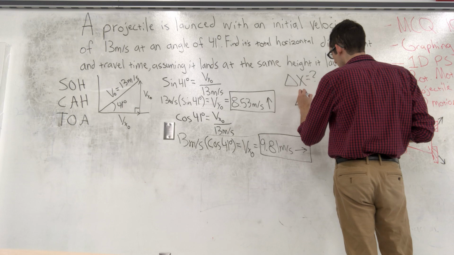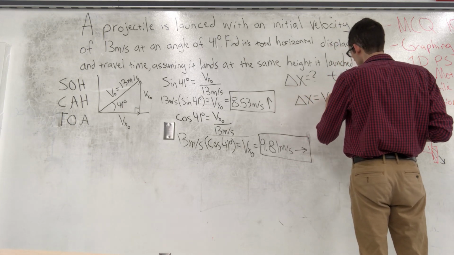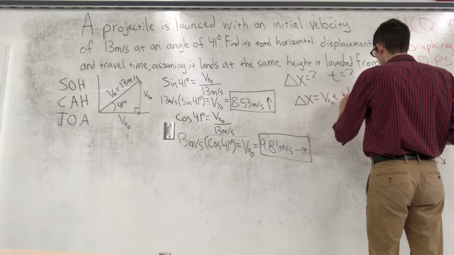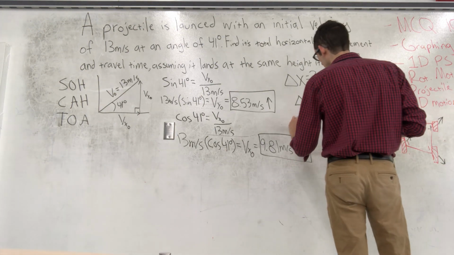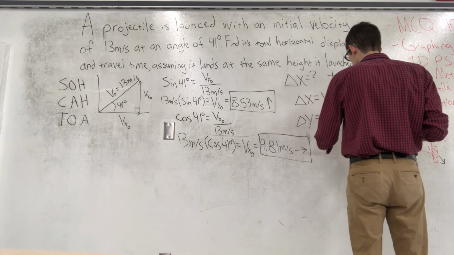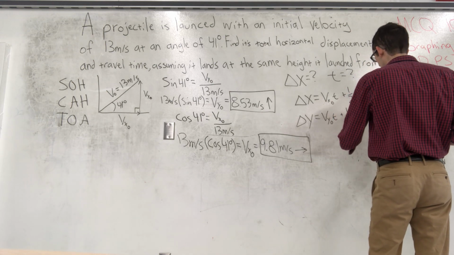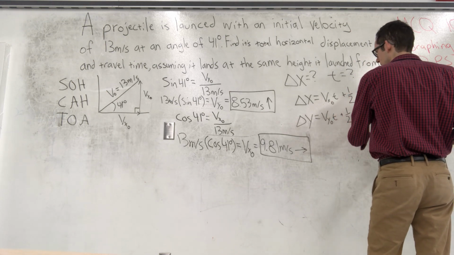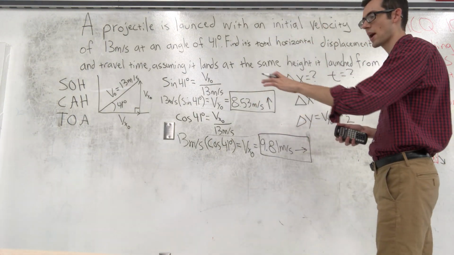Delta x equals vx0 t plus 1/2 ax t squared. Same thing for y: delta y is equal to vy0 times t plus 1/2 ay t squared.